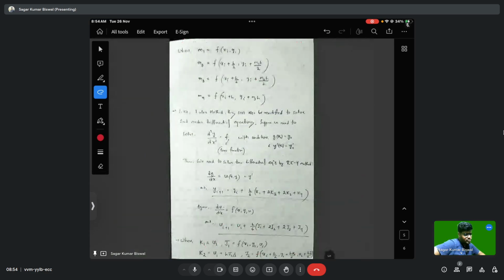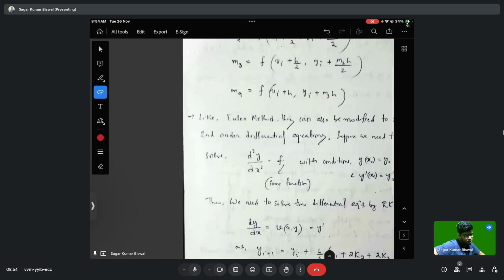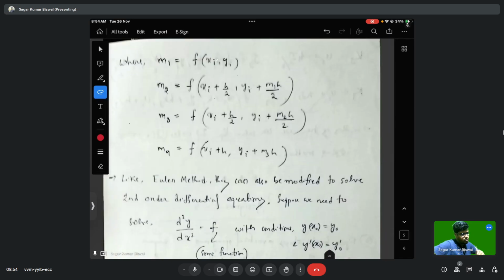Right? And how to find this m1, m2, m3 and m4? The formula is written here. Just put this formula in your code and solve it. You don't need to do those large derivations.